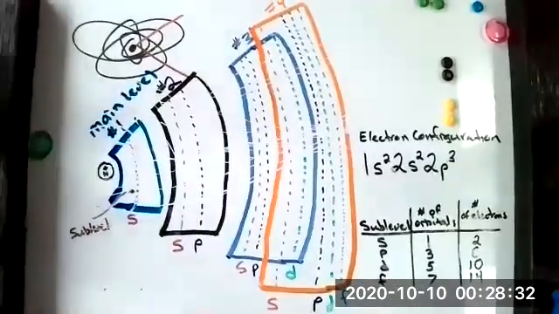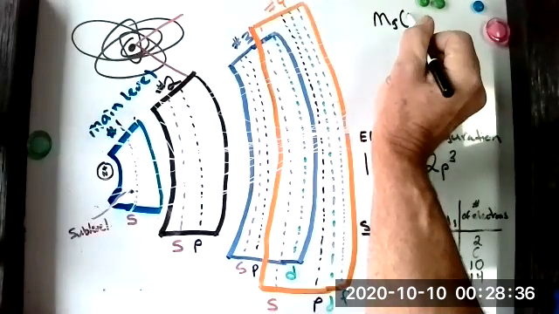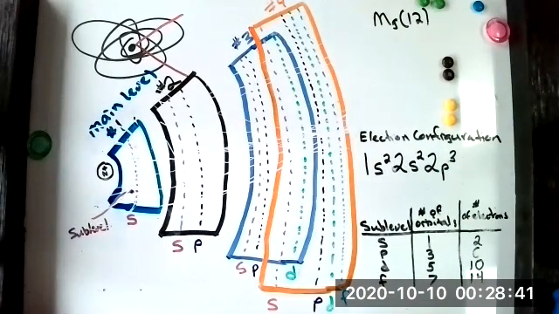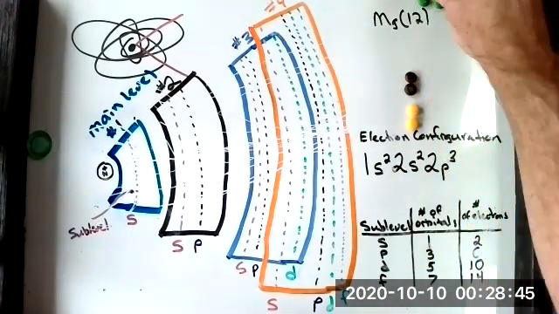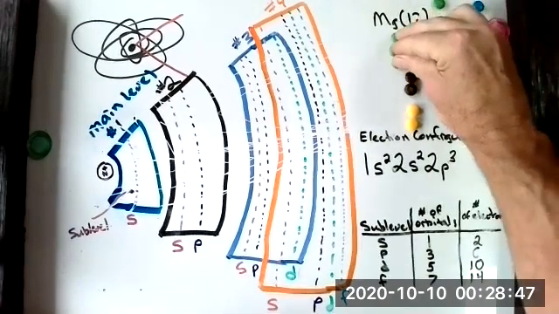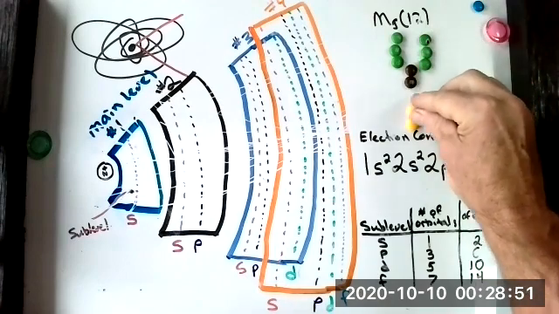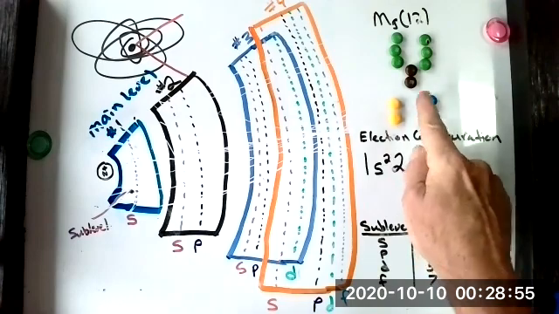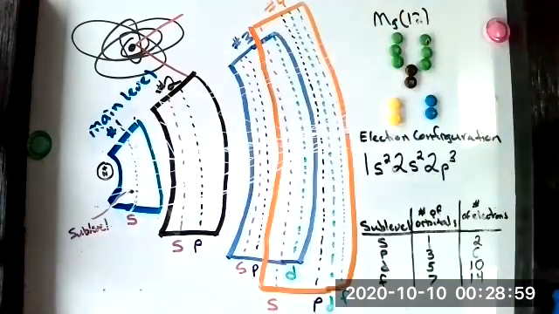All right, so your topic 3 tells you you have 12 electrons to place. Two, 4, 6, 8, 10. There they are. There's your 12.